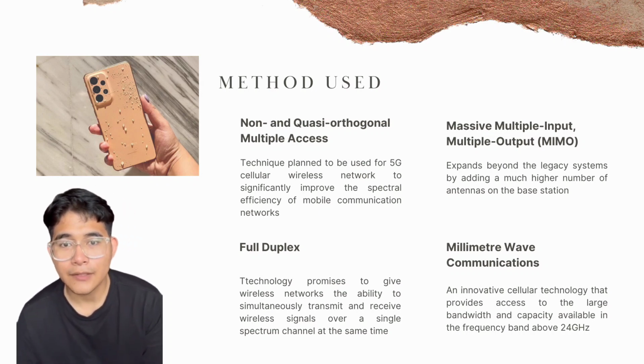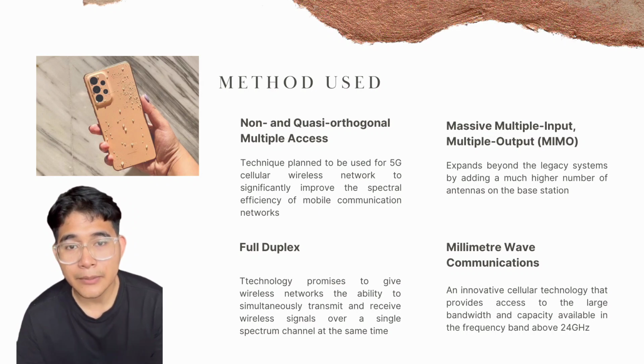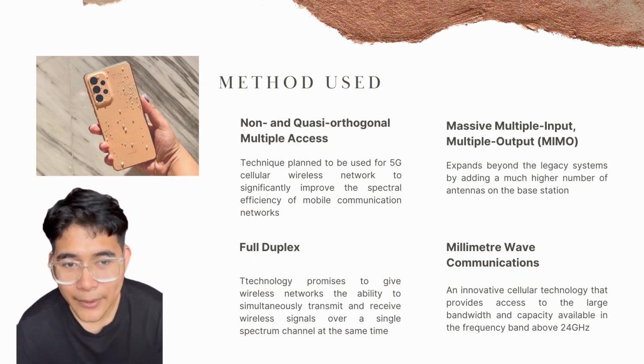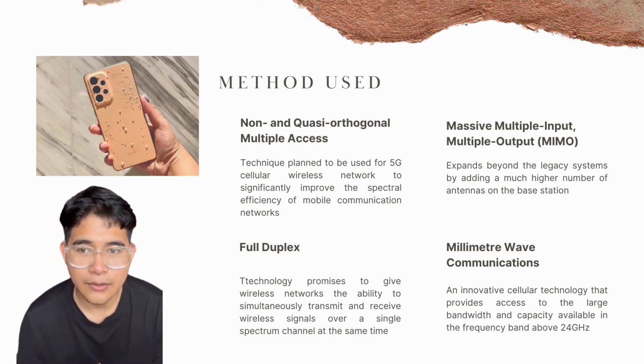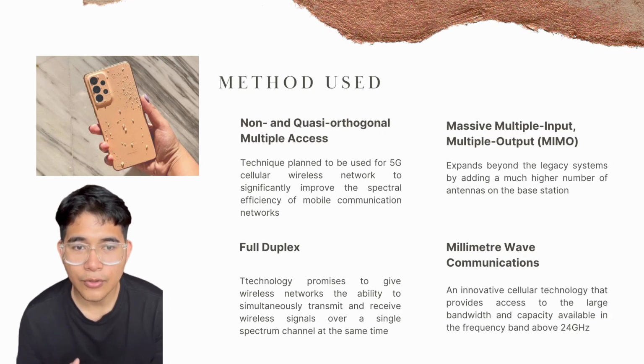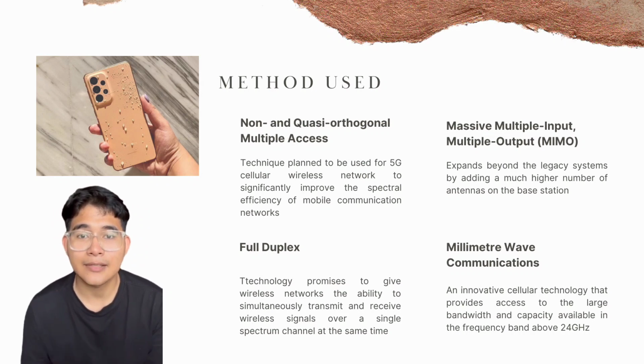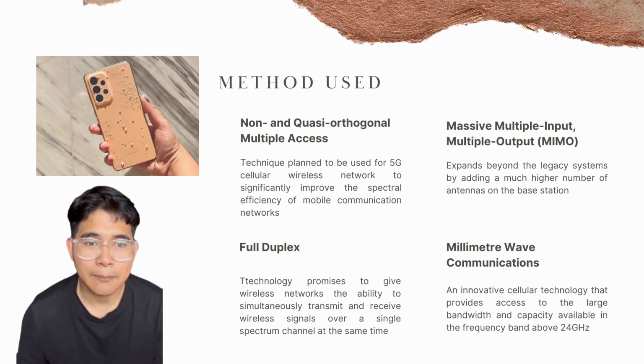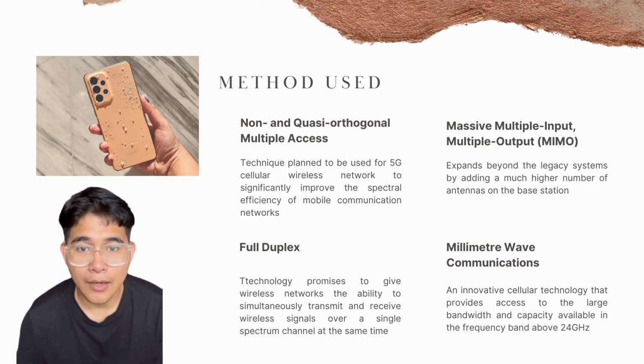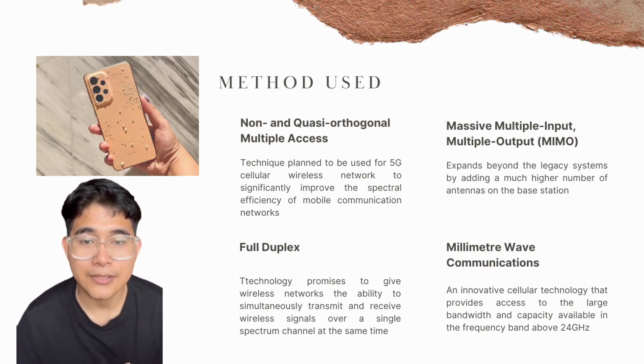Because we know in the previous technology, data can only be sent one way. So full duplex can send and receive data at the same time, so it will be much faster than previous technology.